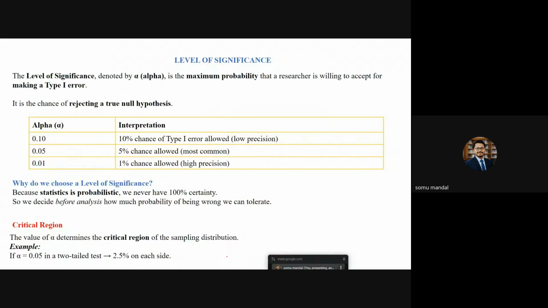As a rule of thumb, we normally consider 5%. 5% means a 5% chance is allowed for rejecting a true null hypothesis. So 0.05 level, 95%. That's why you mostly find that SPSS considers the 95% level of significance. The value is 0.05. How?